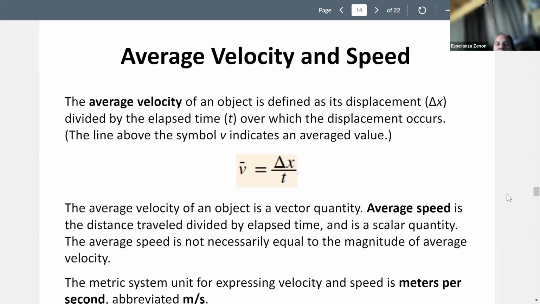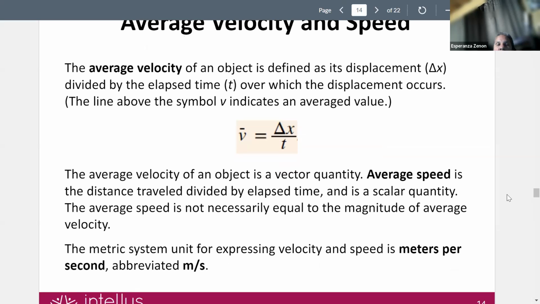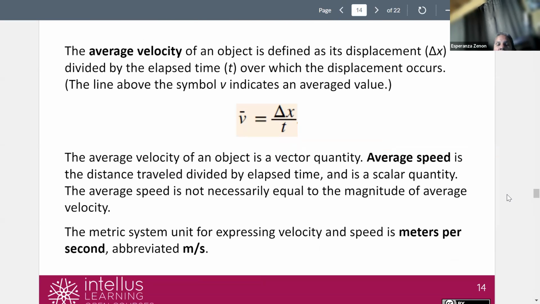For either of those properties, average velocity or average speed, the metric unit is meters per second. That's the unit that you need to be using if you're calculating average velocity or average speed. So if you're using meters per second for either of them, then it means what?